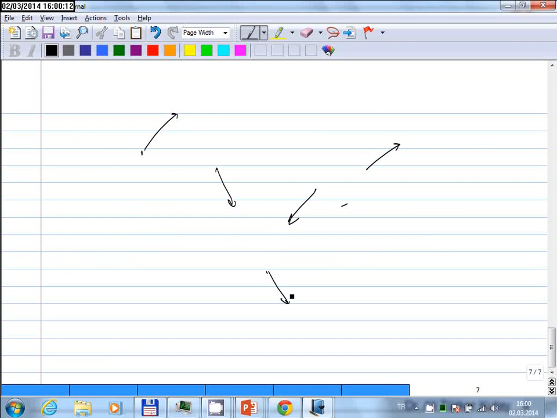So if the gas is flowing at some speed v, let's say this is the speed vector, then each molecule will have this speed vector added to its random velocity.